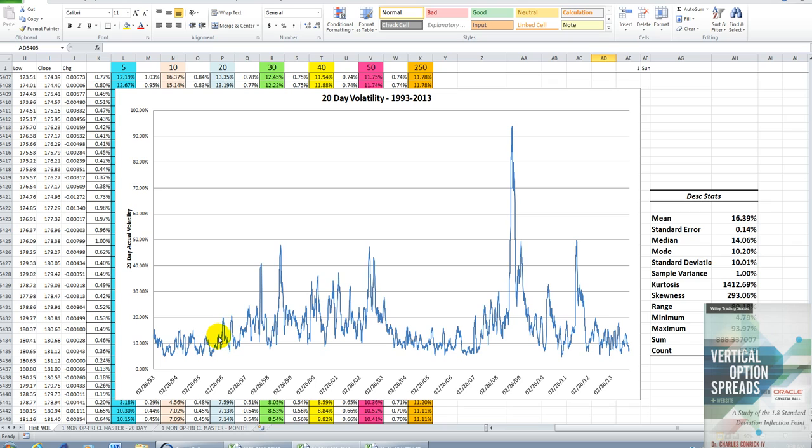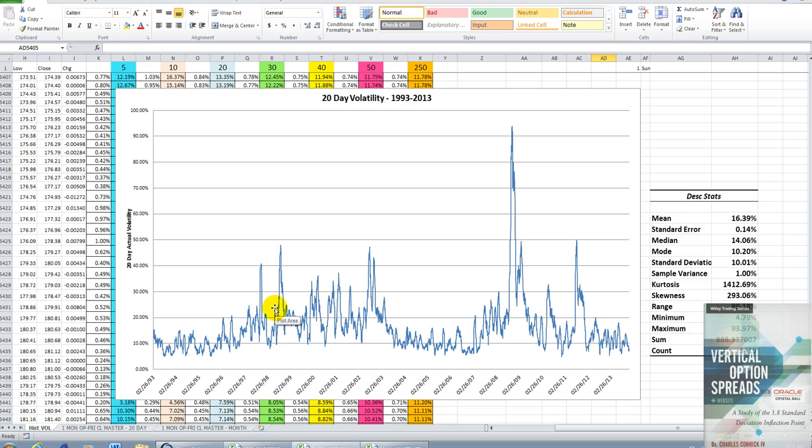And you can see just by looking, if you'll just follow my yellow cursor, the volatility seems to hug from 1993 through 1997 in about the 10 to 15% range, sometimes going down as low as 5 or 6%. As we get toward the turn of the century, the millennium, in fact, two big spikes in here, and I'd have to really look back at the events, but I suspect these were the budget fights between President Bill Clinton and Newt Gingrich in '96, and so on and so forth.